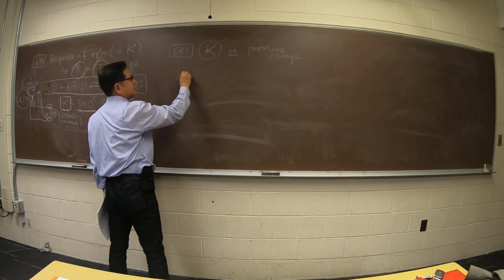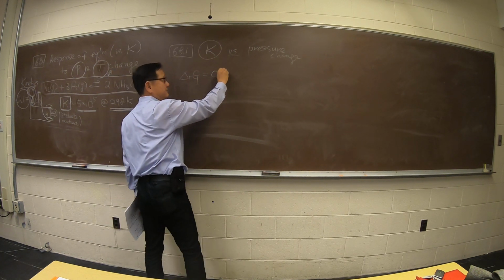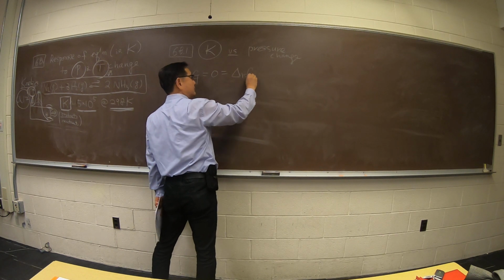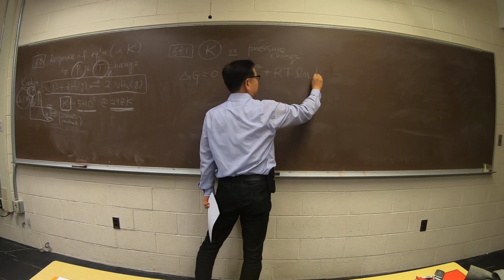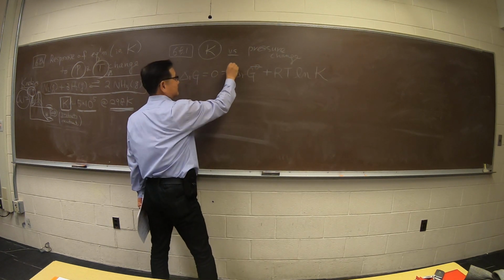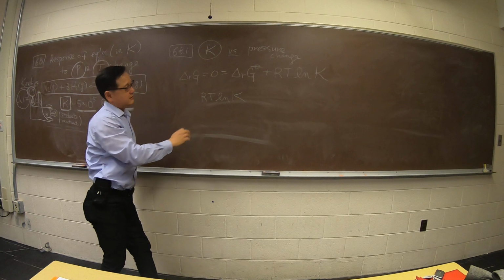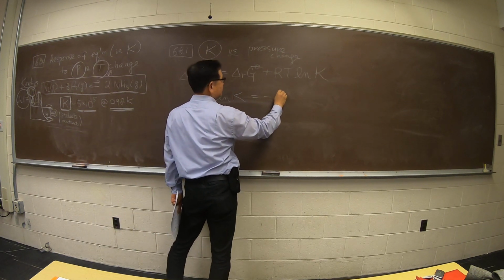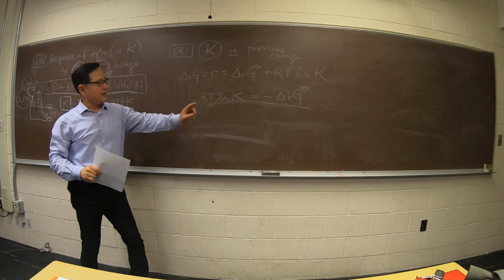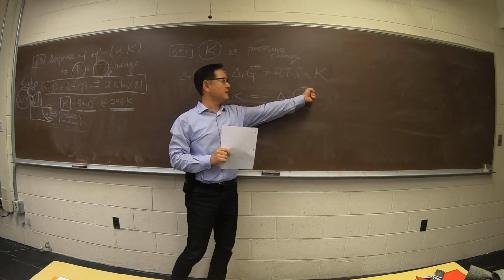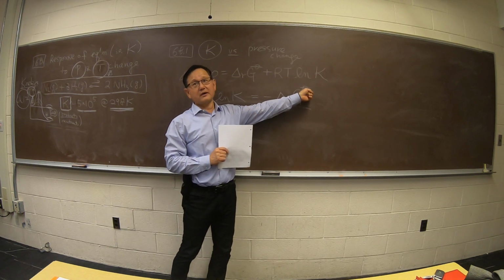So why am I saying this? Remember that delta rG is 0 at equilibrium, and that's delta rG standard plus RT ln K. So RT ln K equals minus delta rG naught. This equilibrium constant is defined to give the free energy change for the reaction at 1 bar conditions.